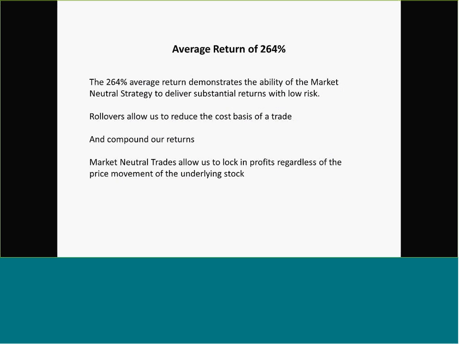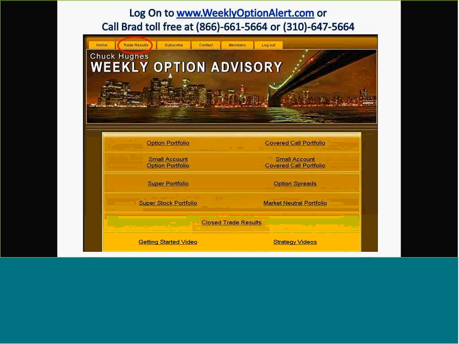If you would like to see how these various strategies are doing, you can log on to www.weeklyoptionalert.com, and then if you click trade results, you'll see the results, which are updated monthly. You'll see the current trade results for these various strategies.